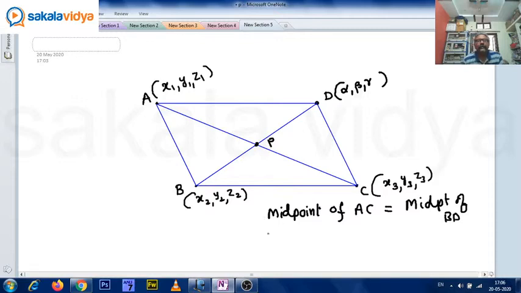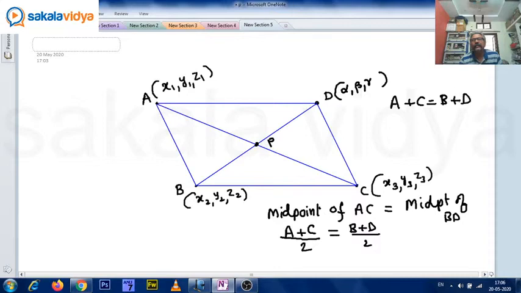So the midpoint of AC means (A plus C) by 2 equals the midpoint of BD, (B plus D) by 2. So the 2 gets cancelled. We have A plus C is equal to B plus D. We need to find out D. So D equals, in a very simple manner, A plus C minus B.